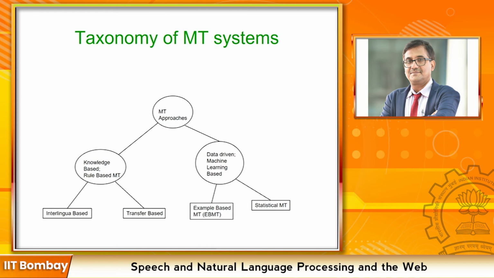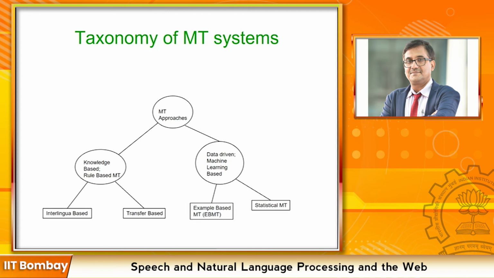Our journey in natural language processing started with interlingua-based machine translation. And of course, we have gone through all different paradigms of machine translation. Though the current paradigm is neural machine translation, you cannot really afford to ignore the other paradigms of machine translation because every paradigm has taught something new for the machine translation exercise.